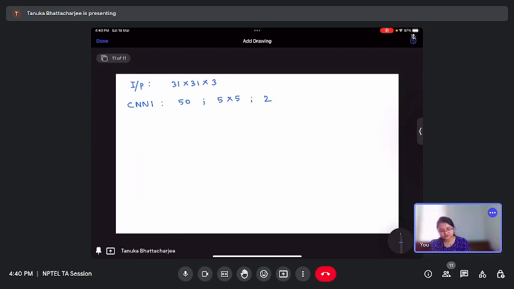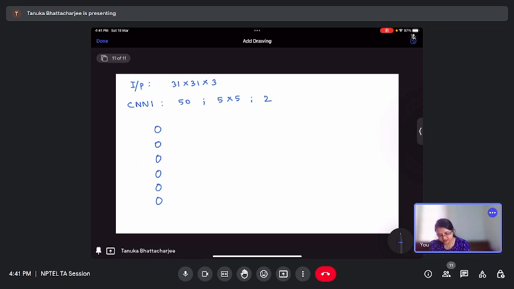So, let us first look at the general formula for computing this shape. I'll show the formula with one dimensional data. We can simply generalize it to any dimension. It will be the same along each dimension. So, let us say this is the input layer you have.